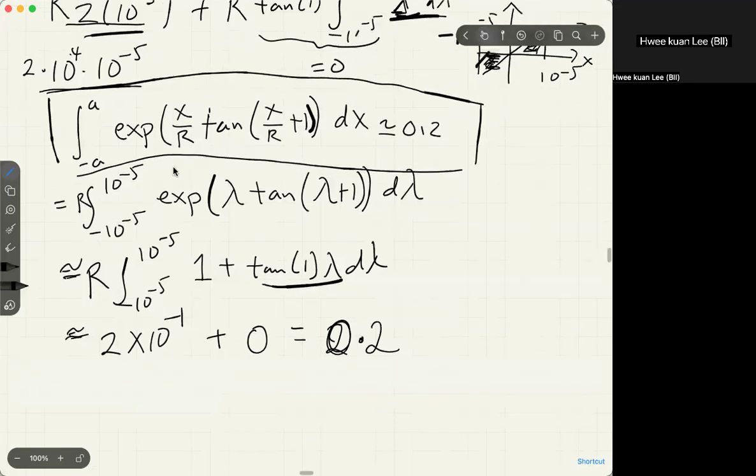Okay, what's the lesson here? This integral is very difficult. We convert it to some integral of some small number. Okay, small, right? Lambda is small. So this integral is very difficult, and then we use the Maclaurin series.